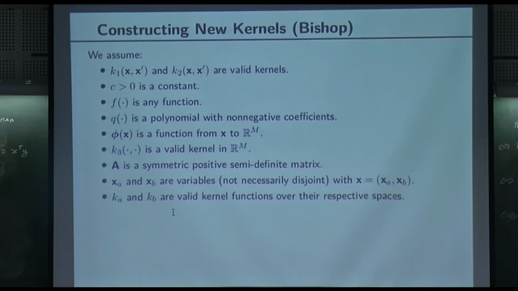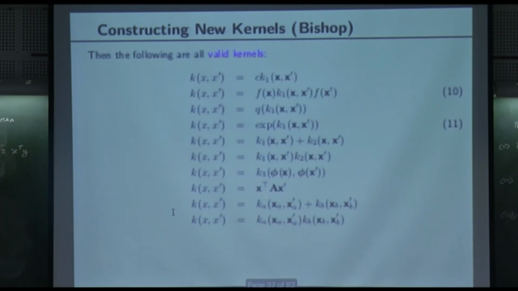Suppose somebody tells you that these are kernels. A constant c greater than 0 is a constant, f is any function, q is a polynomial with non-negative coefficients, phi is a function going from x to R^m, k3 is another valid kernel, A is a symmetric positive semi-definite matrix, these are variables and so on.